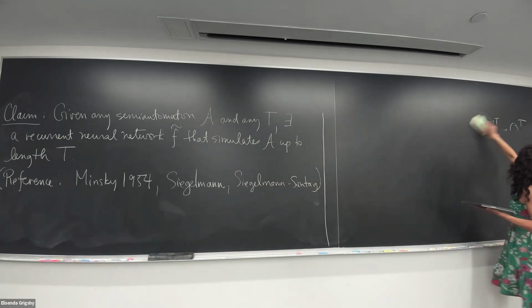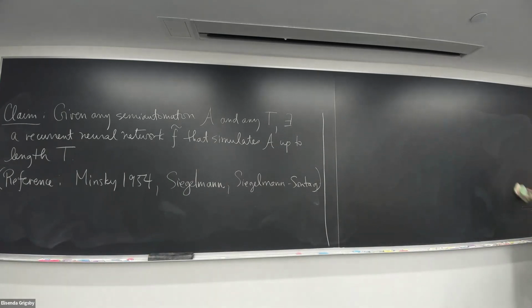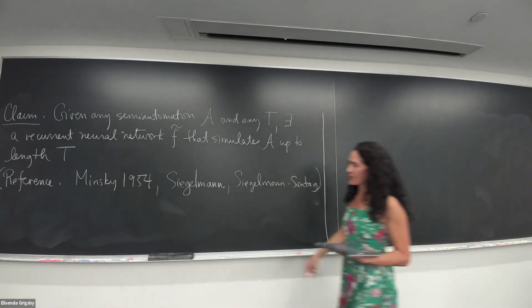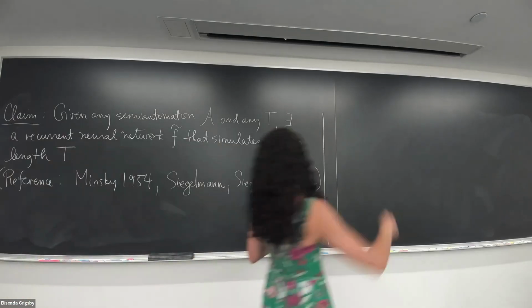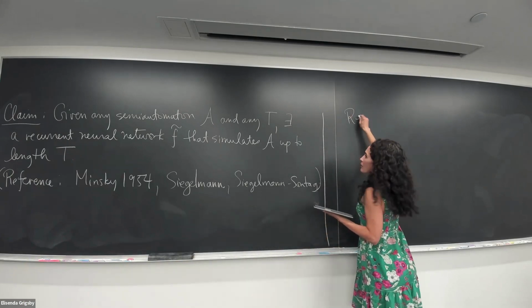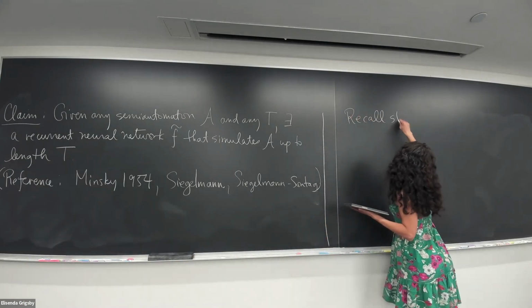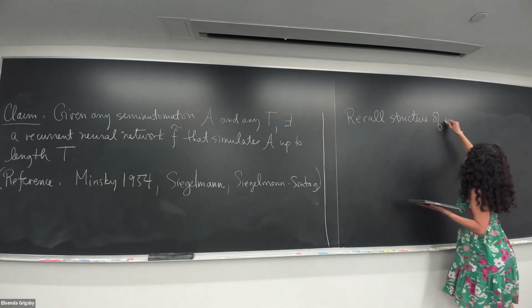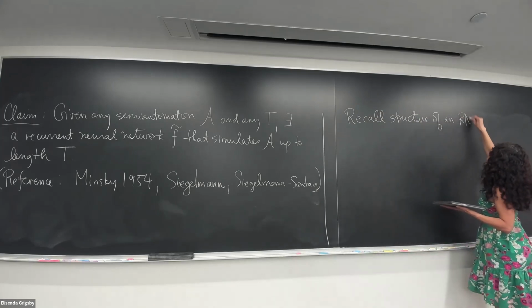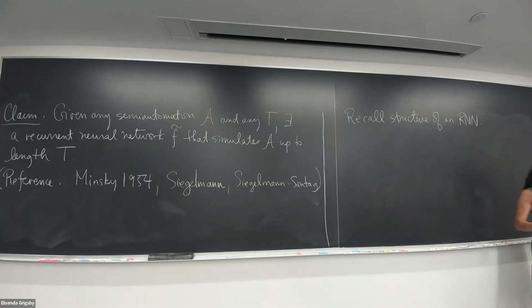And also what I would say is the fundamental geometric tension here in representing these kinds of computational models with these sorts of architectures. So I just want to recall the structure of an RNN, mostly because I want to draw a contrast with the structure of a transformer.